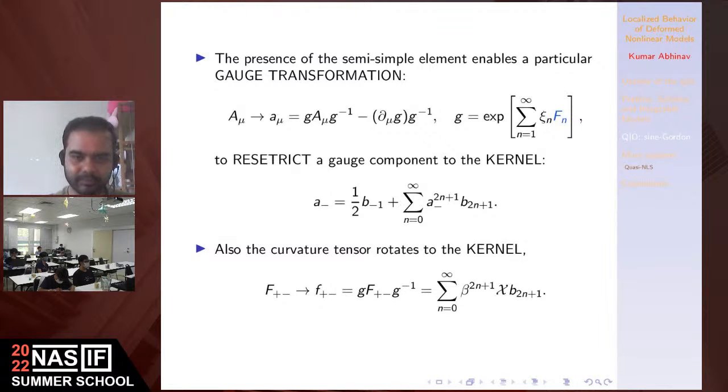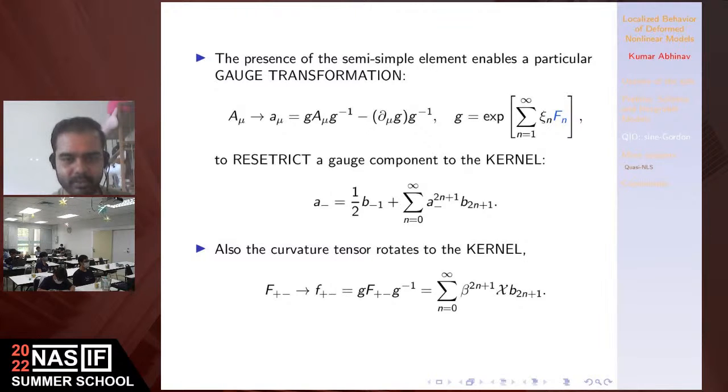You take this gauge transformation and choose this expansion coefficient zeta n such that after gauge rotation, the minus component of the gauge operator will become dependent only on B operators, which means it will be restricted to the kernel subspace only.